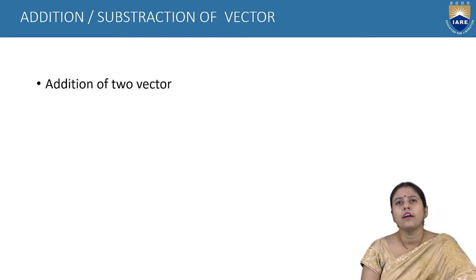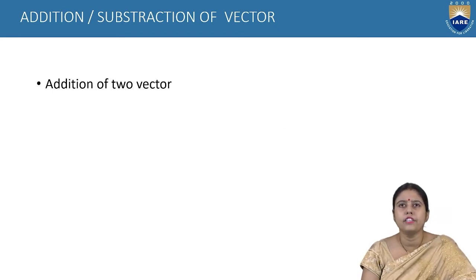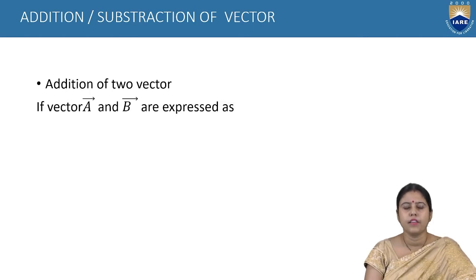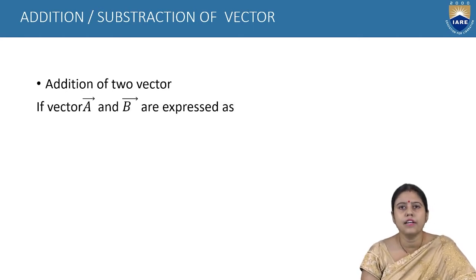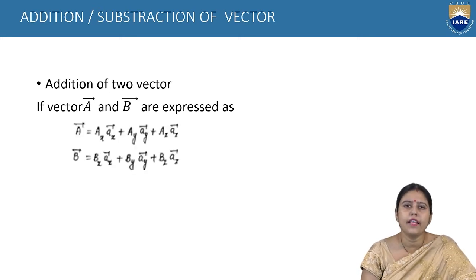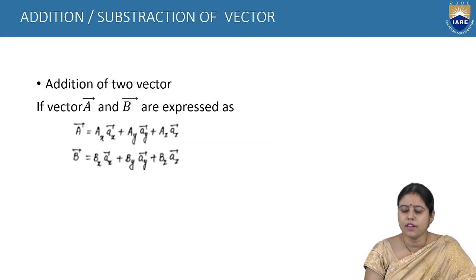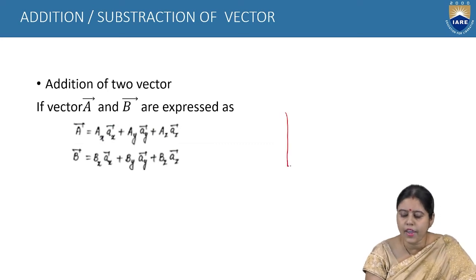But there is another method of addition of two vectors. If there are two vectors, vector A and vector B, and vector A is given by AX, the magnitude in the X direction is AX, the magnitude in the Y direction is AY, and in the Z direction AZ.